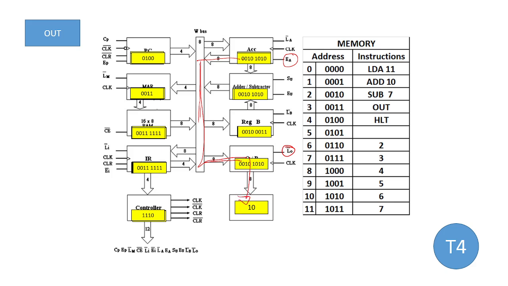Then 10. So going to our halt, or the last instruction. So the T1 is just, this pin will be active, and it will go to the W bus and then be accepted here on our MAR, and after that it will then point out to our RAM here.